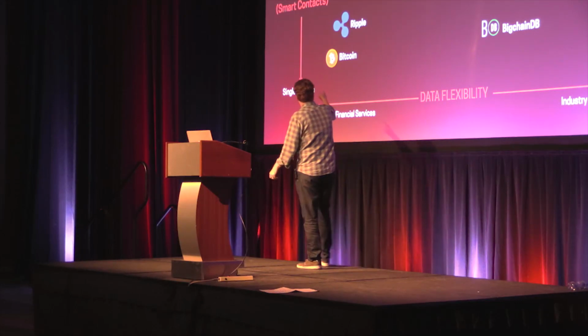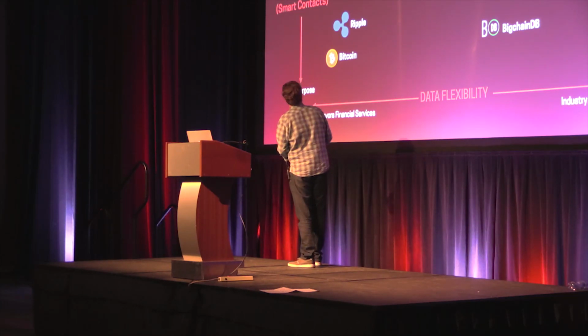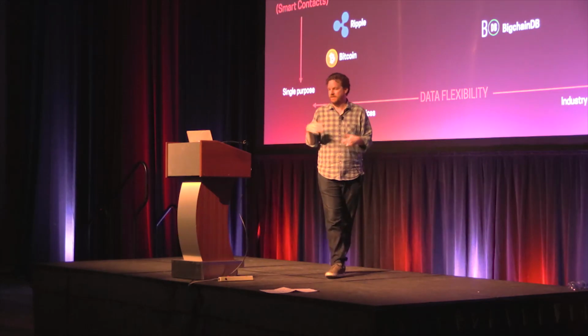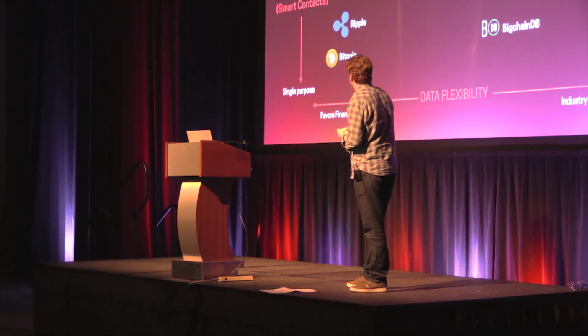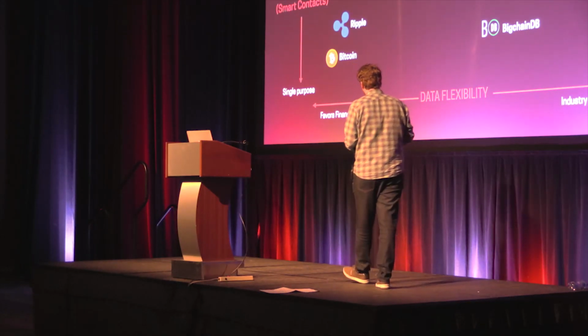But for the most part, Bitcoin is very single purpose. It stores what it needs to do the job it needs to do. And on the left axis, we have rule flexibility, and this is smart contracts or that sort of capability. So how much can you start to change and manipulate the rules?